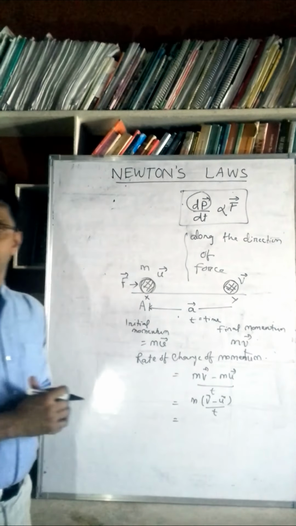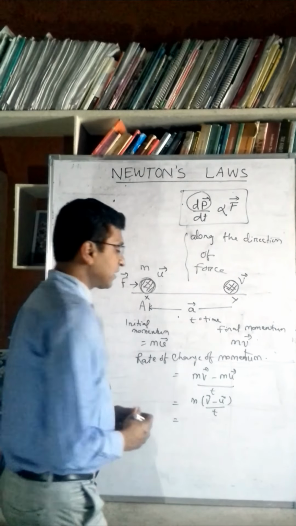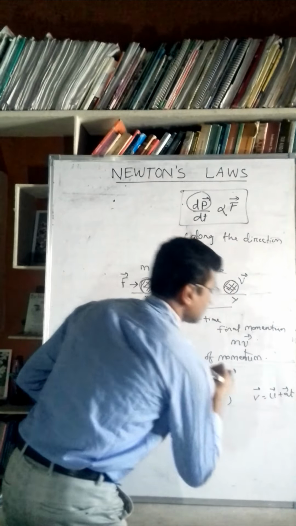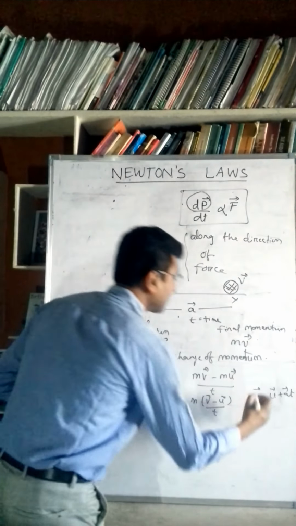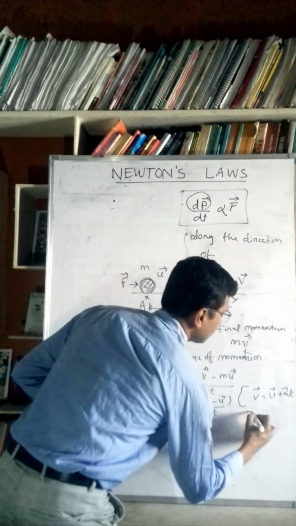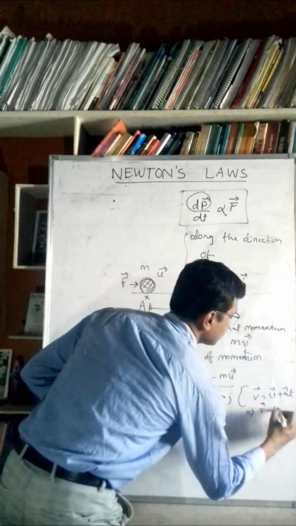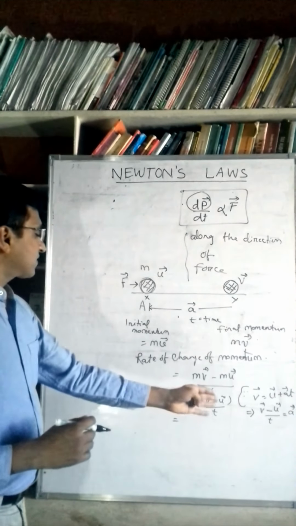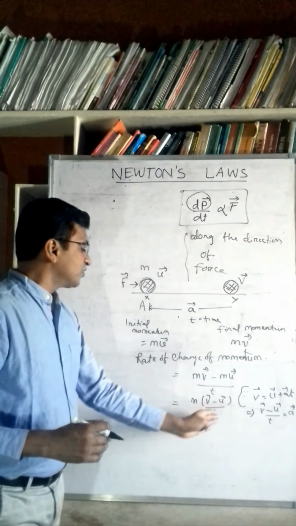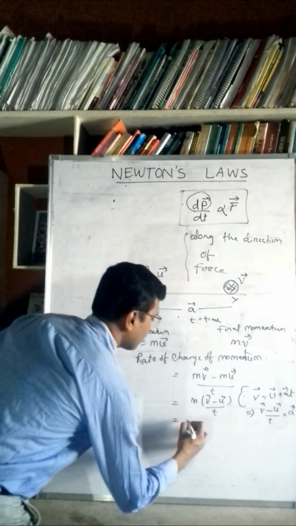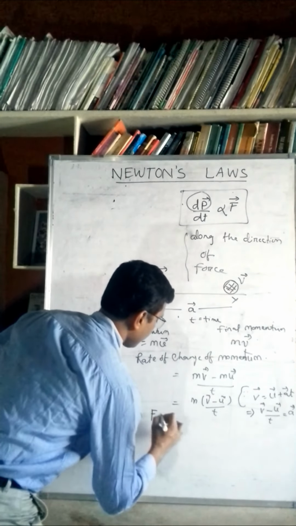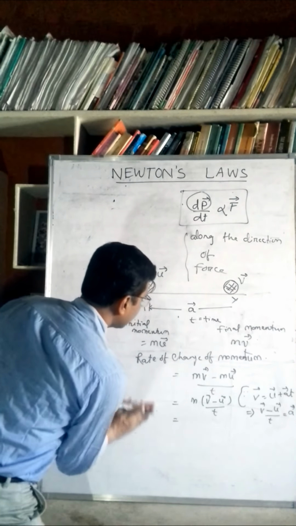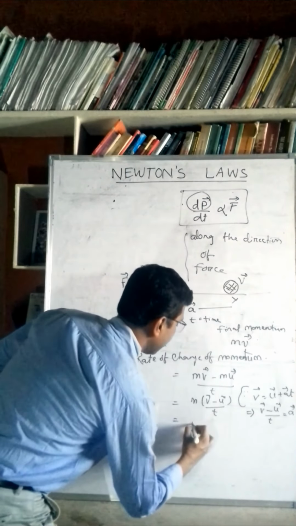By using the equations of motion, we know that v is equal to u plus at. This is the first equation of motion. From the first equation of motion, that implies v minus u divided by t is equal to a. We can replace (v minus u) by t from this equation. Now, the rate of change of momentum is equal to ma.